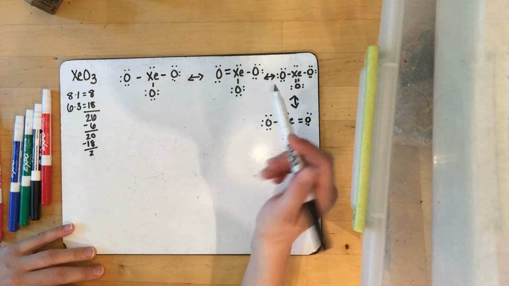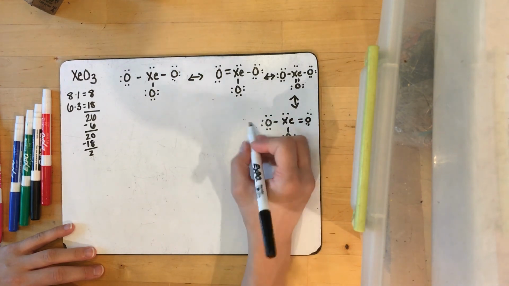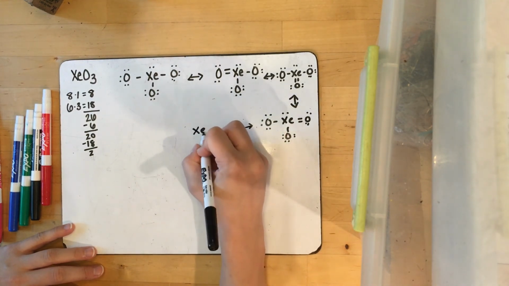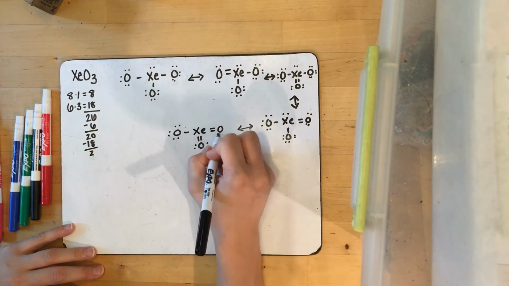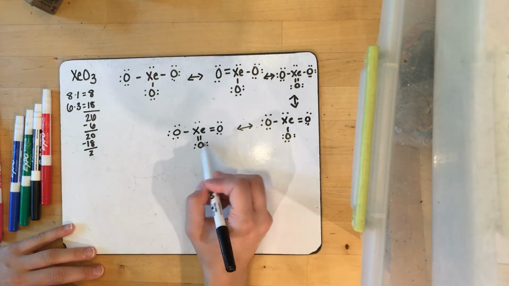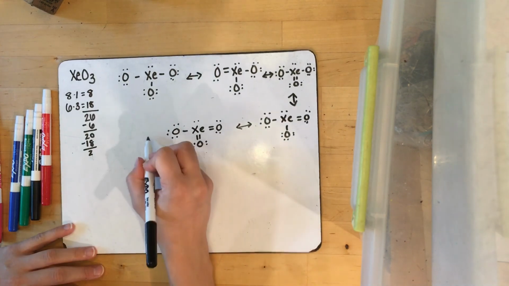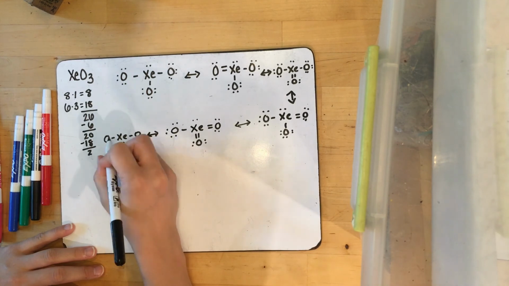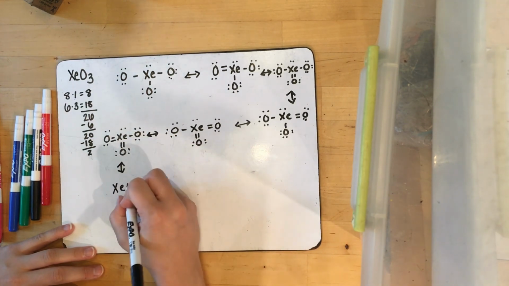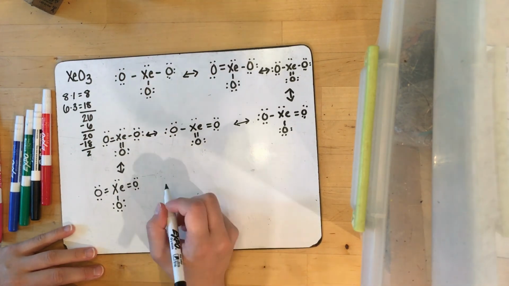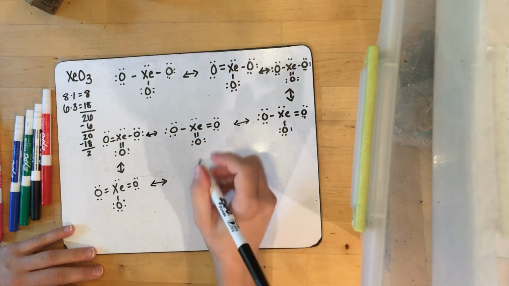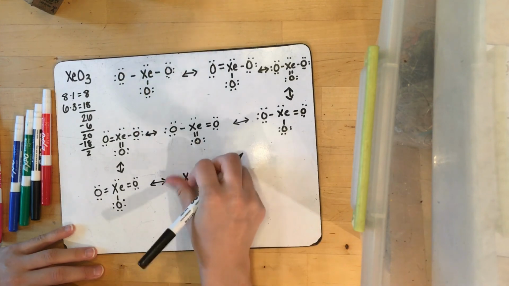But xenon still can have more, so we're going to actually add another double bond to it. And again, because we did that here, we have to show any possible combinations of that. And finally, we can actually add one more double bond so that they're all double bonds.